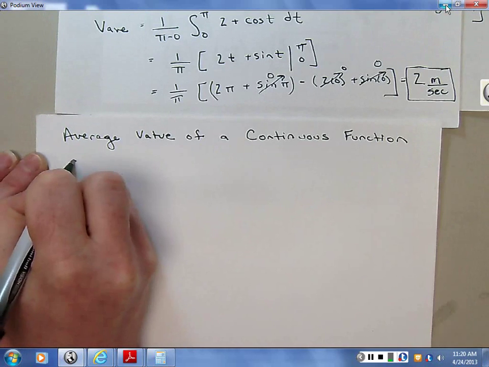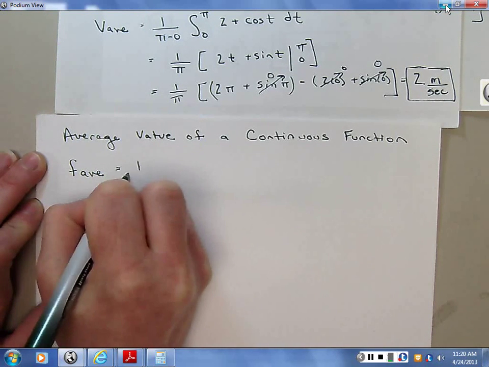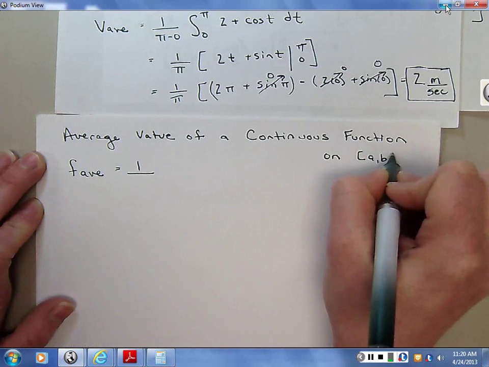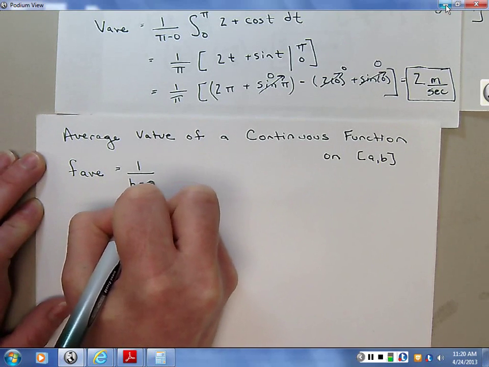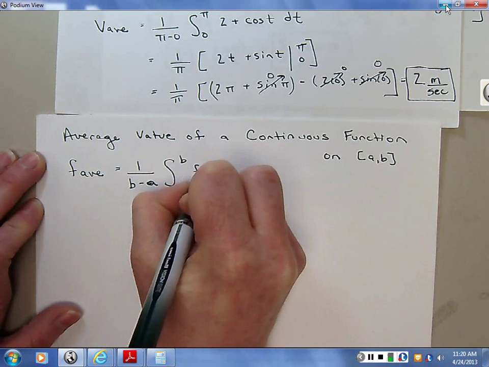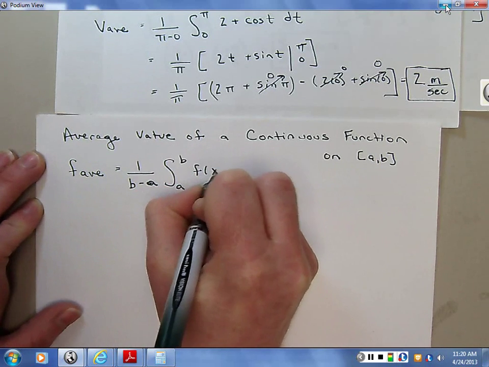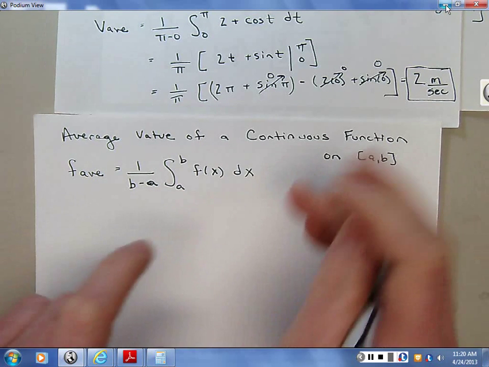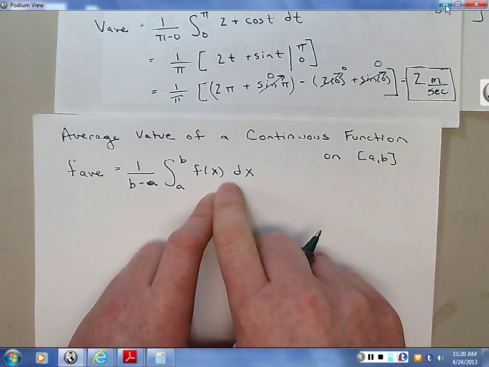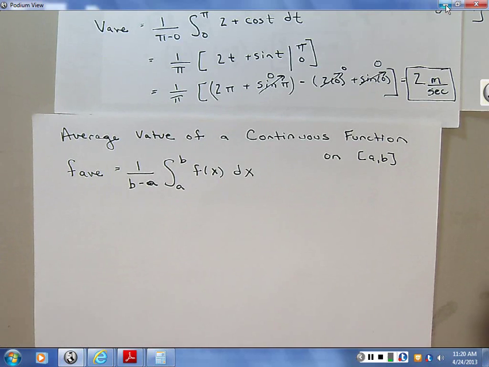So the average value of a function that is continuous on a to b is 1 over b minus a, the integral from a to b of f of x dx. This would be f of t dt, f of p dp, whatever your variable is. Generally we like x in calculus, but a lot of times in physics we like t. We like to think about things with time.